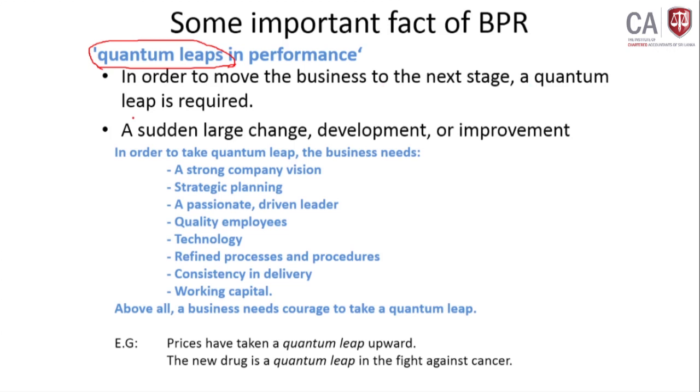Let us say, as a simple question I will ask you, what is your quantum leap in your life? Let us say I will say my quantum leap is passing the advanced level examination, because I passed it and got selected for a university.